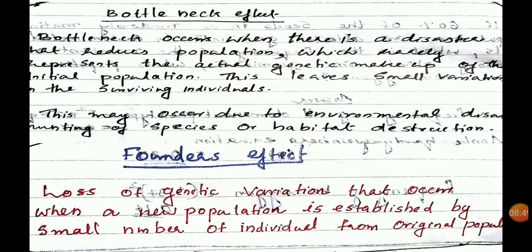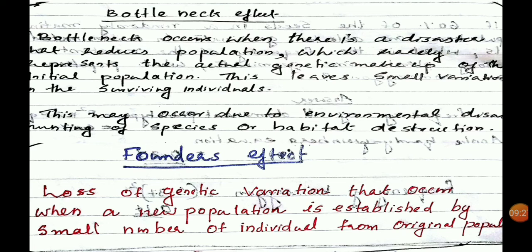Then the founder's effect is the loss of genetic variation that occurs when a new population is established by a small number of individuals from the original population. The founder's effect happens due to some migration process, when a group of rabbits migrates from one side of a sea or a river to the other.